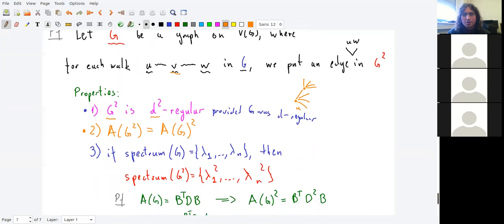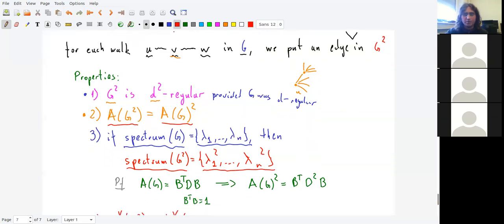So if the adjacency matrix is just squared, the spectrum is also just squared. If the spectrum of G is lambda 1 to lambda n, then the spectrum of G square is just the set of squares of the eigenvalues.